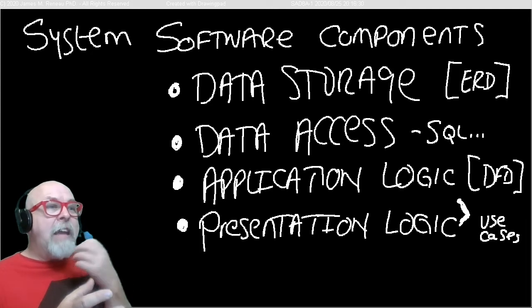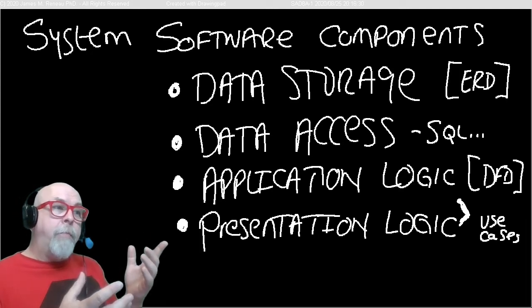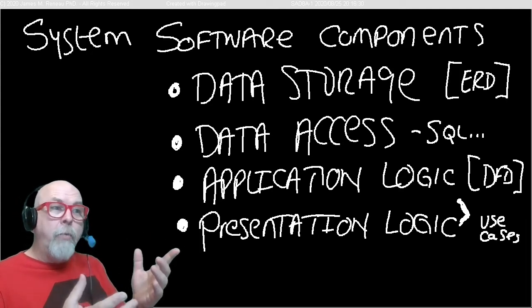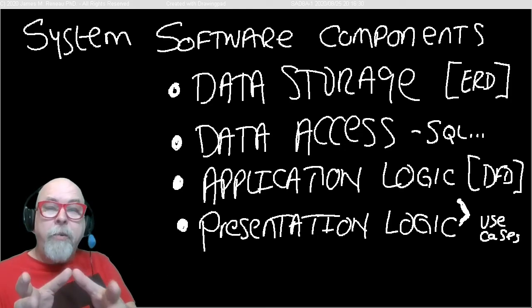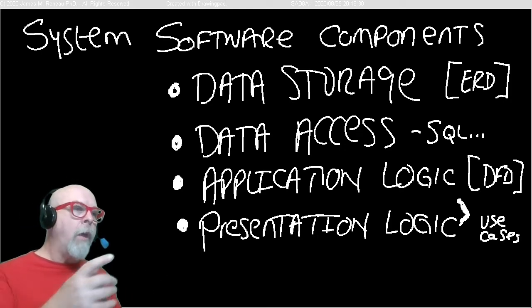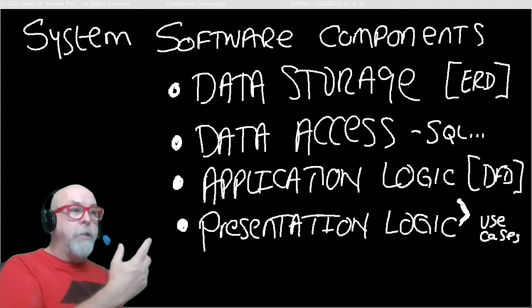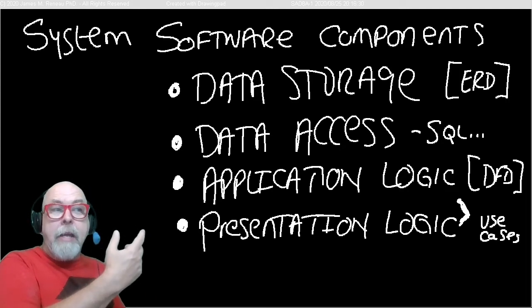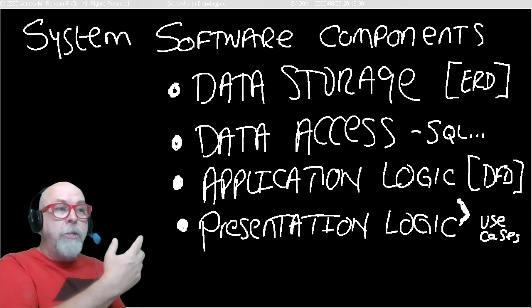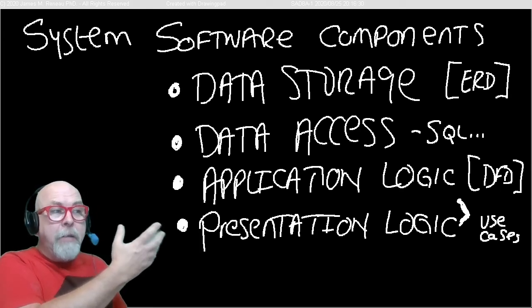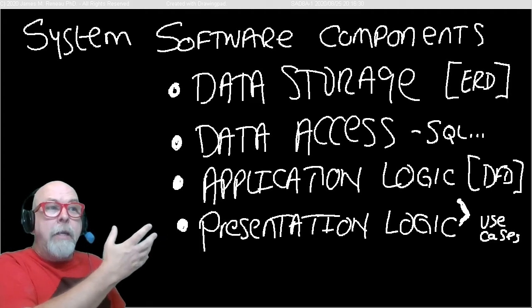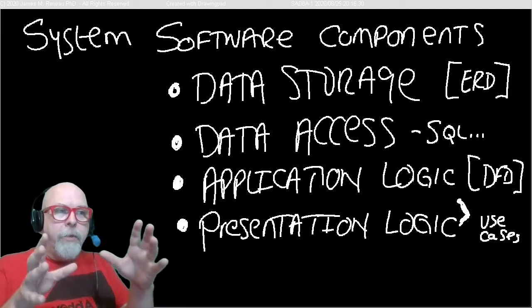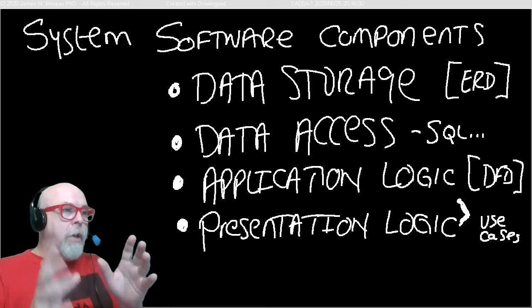And then at the very end, there's something that I'm going to call the presentation layer, which is the actual user interface software. Whether the presentation is on a smartphone, a website, a thick client or a thin client application, the presentation logic is how we actually will use the software: the screens, the layouts, the forms, and all of that.